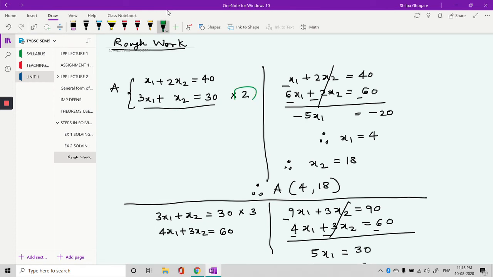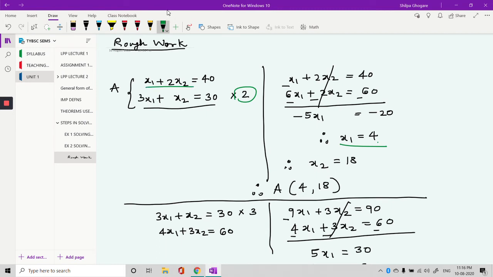I get x1 is equal to 4. This value is substituted in the first equation, which gives me x2 is equal to 18. So the point A is 4, 18.